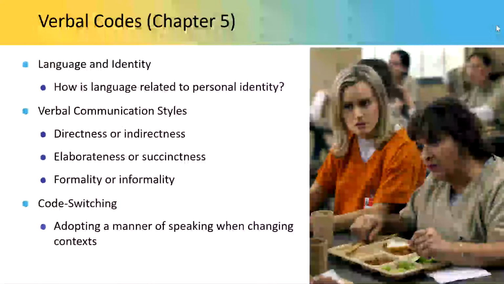But language and identity. The textbook brings up a really good point that if you ask an American or someone from an individualistic culture, what's your name? We will start with our first name, and then we will give our family name. But if you ask that same question of someone from a collectivistic culture, they would give the family name first, or possibly their caste.